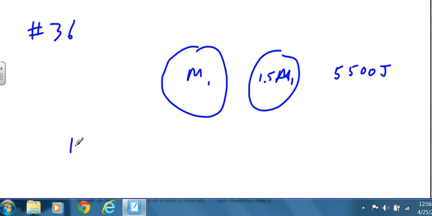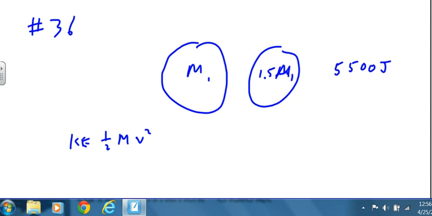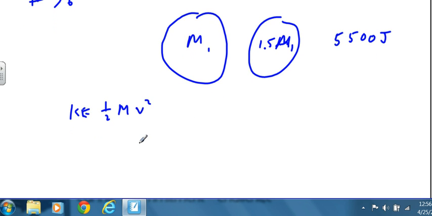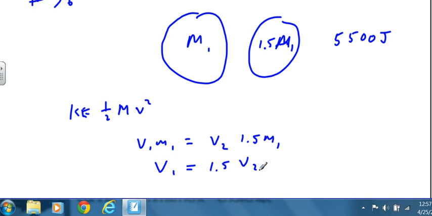Okay, so kinetic energy is 1/2 mass velocity squared, and momentum has to be conserved. So velocity 1 mass 1 has to be velocity 2 times 1.5 mass 1. So velocity 1 has to be 1.5 velocity 2.